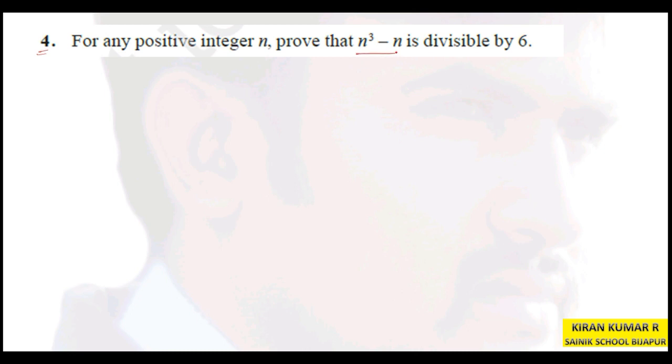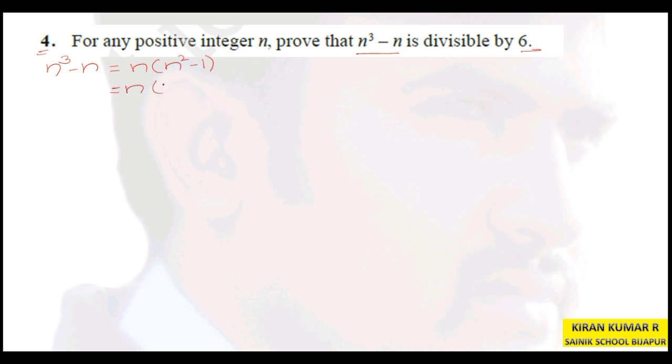N cube minus n is divisible by 6. What is this n cube minus n? It is the same as n taken common, n square minus 1.